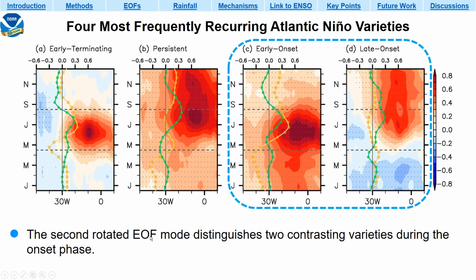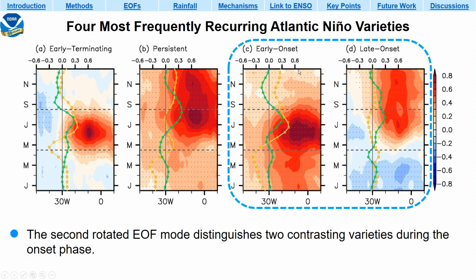Okay, the second rotated EOF distinguished two contrasting flavors, but focusing on the onset phase here. The third flavor is characterized by the very early onset of the warm SST anomaly in January or even earlier, gradually developing and becoming a very large SST anomaly in the summer.